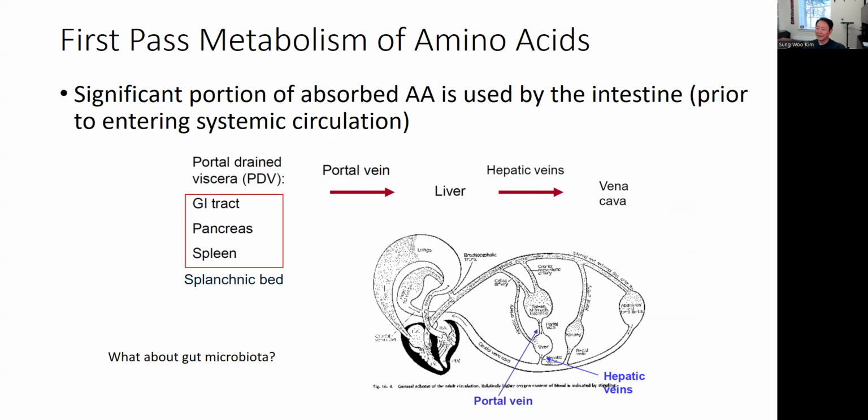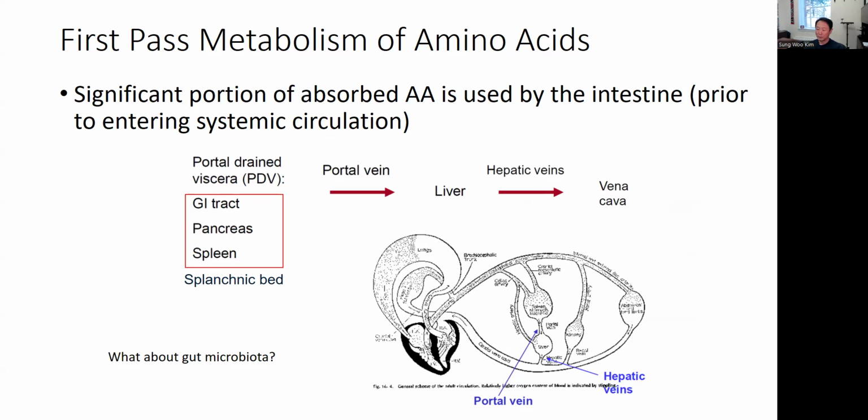They will utilize those free amino acids and even small peptides before they are absorbed. Okay? So once protein is digested and becomes amino acids, before they are absorbed into the intestinal epithelium, the mucosal microbiota will use them. So there's another user.